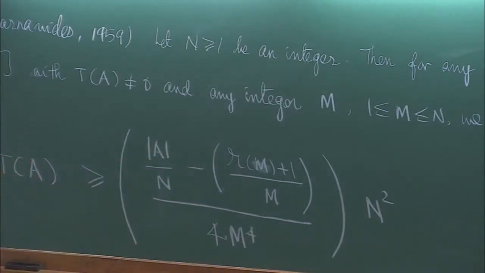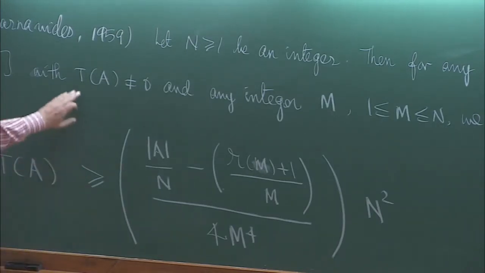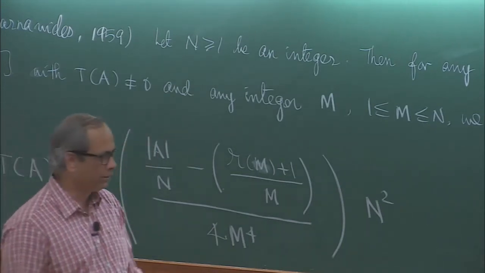That I will indicate precisely what this means when we finish the proof of this. Okay, so it tells you that if there is one, there are many. That was the original intent.